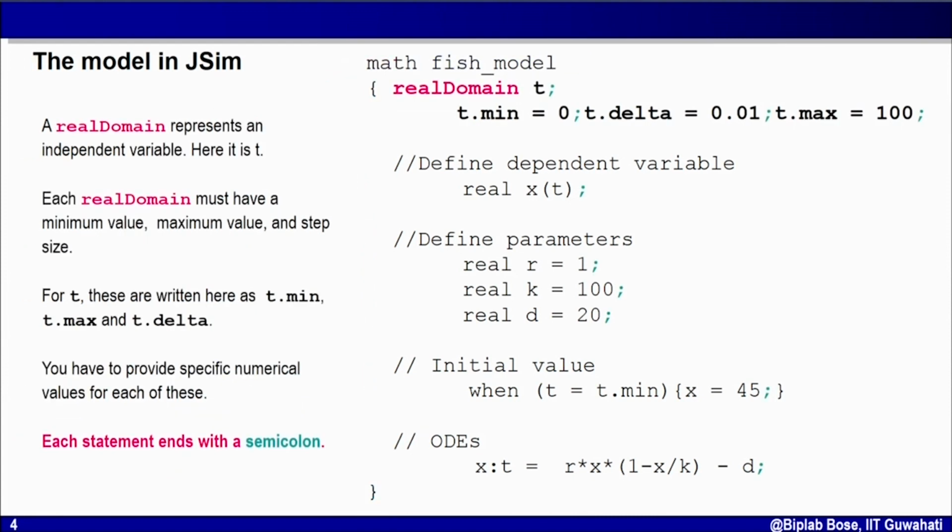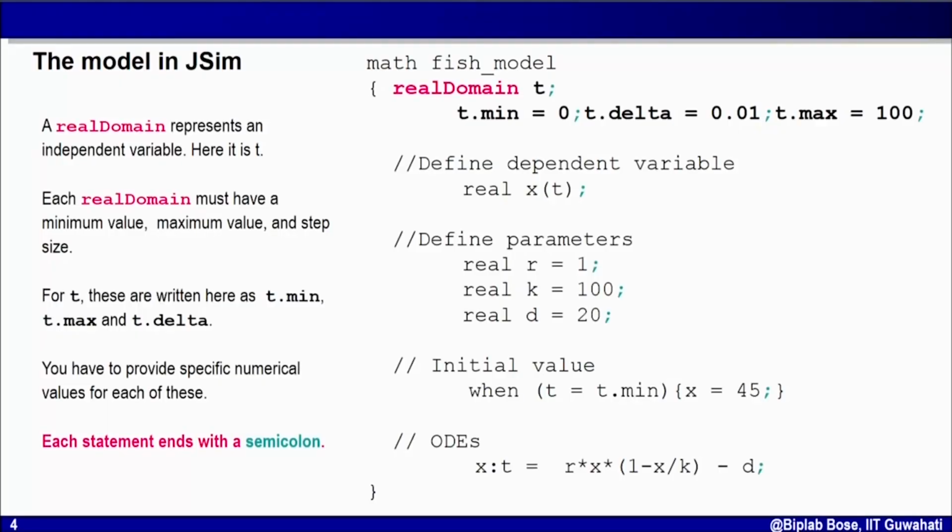Let us look into the other components. Now in our model, t is the independent variable. So everything else, the dependent variables, changes in the t domain. So we have to tell JSim that t is an independent variable and that is done by this tag, real domain.